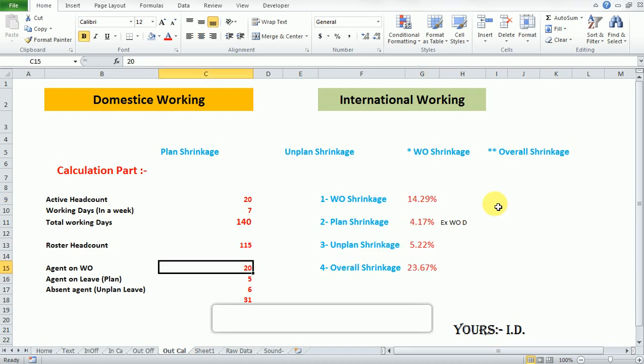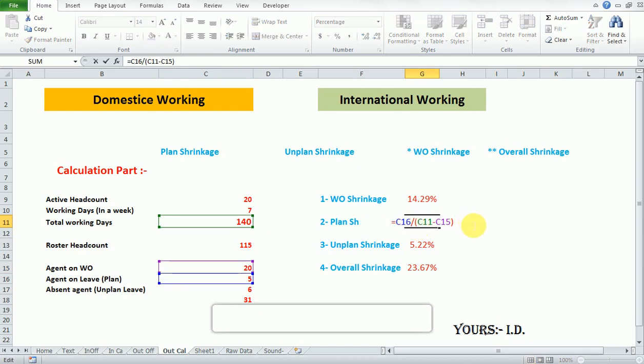Now the planned shrinkage. What is planned shrinkage? In the planned shrinkage calculation, I have taken C16, which means planned leaves divided by roster count, that is total working days minus BCOPs. In the denominator we will exclude BCOP only.